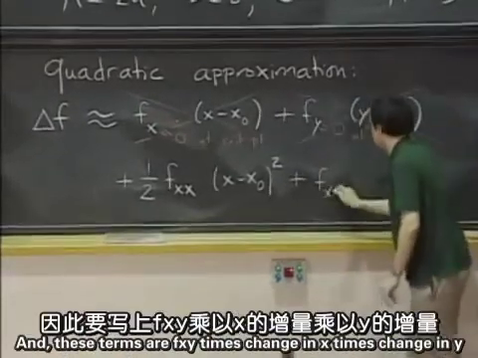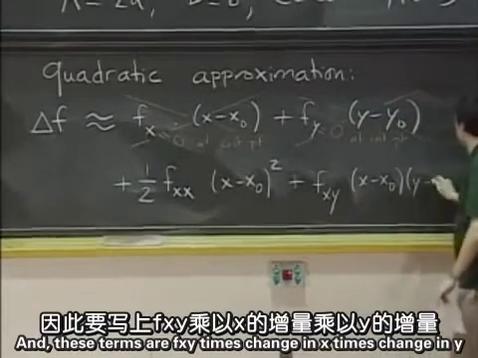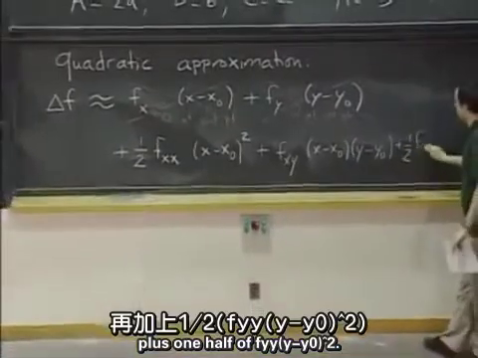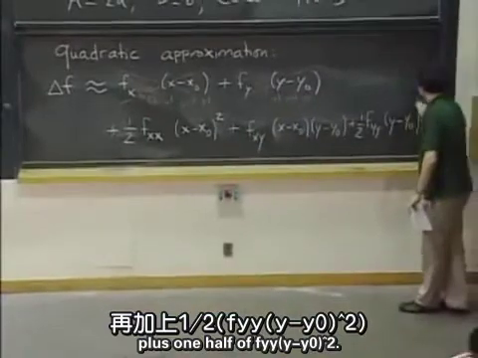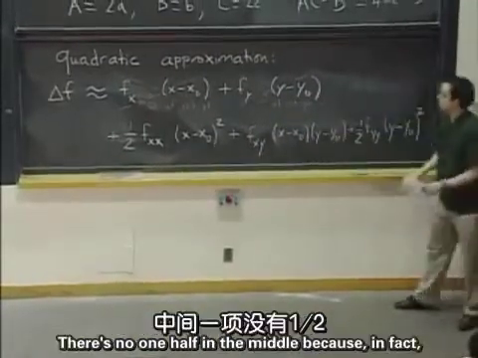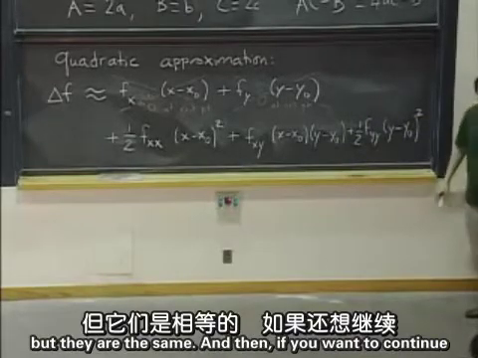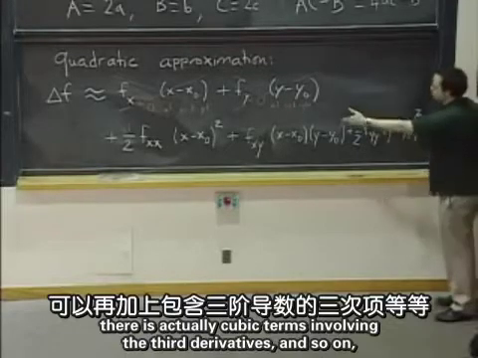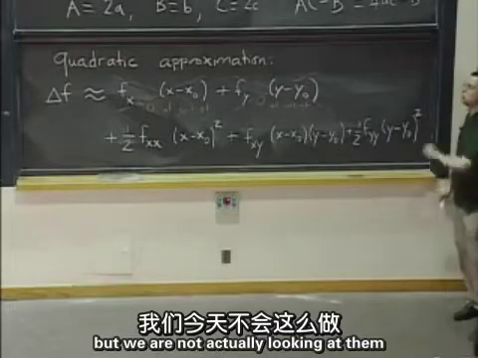And these terms are f sub xy times change in x times change in y plus 1/2 of fyy times y minus y0 squared. There's no 1/2 in the middle because, in fact, you would have two terms, one for xy, one for yx, but they're the same. And then if you want to continue, there's actually cubic terms involving the third derivatives and so on, but we are not actually looking at them.